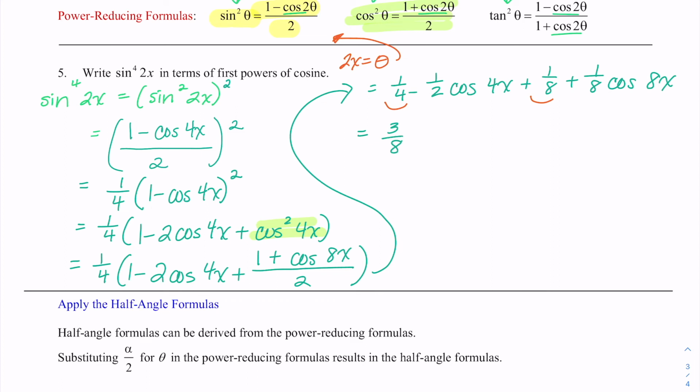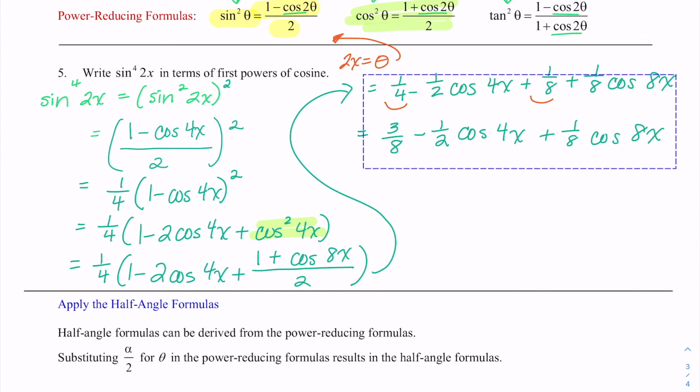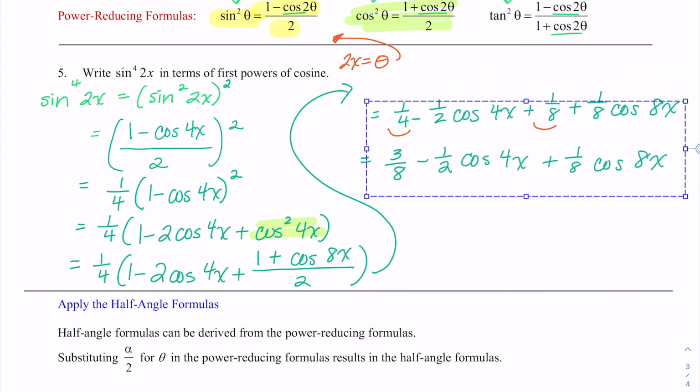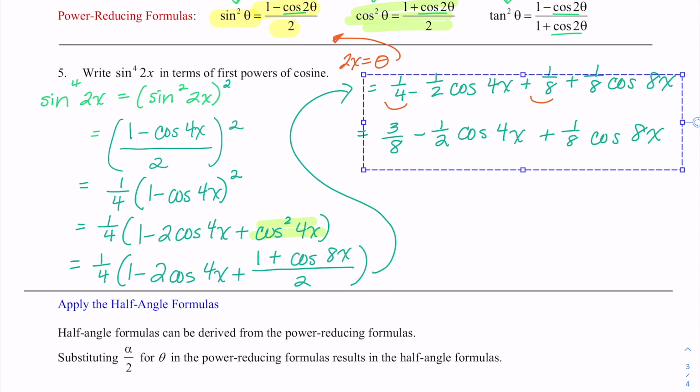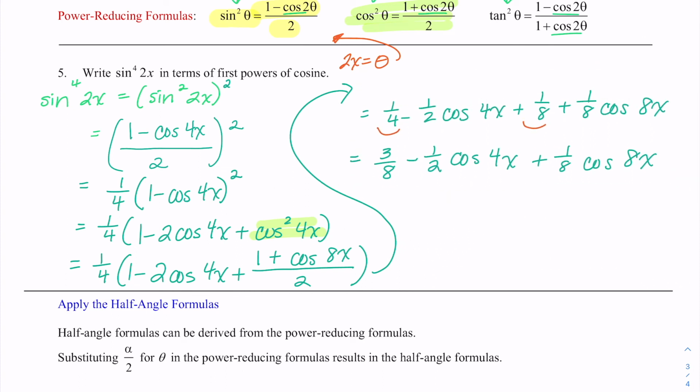And now we have minus 1/2 cosine of 4x. And then we have plus 1/8 cosine of 8x. Okay, and we have the cosine to the first power here. So we have first powers of cosine.